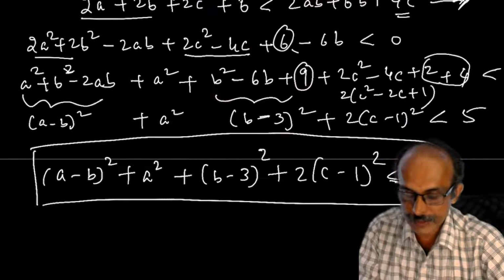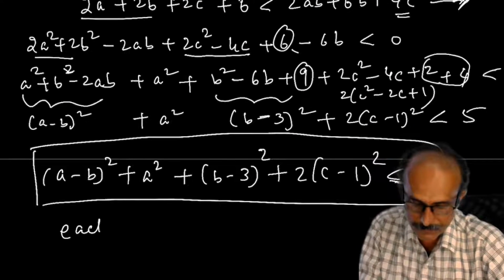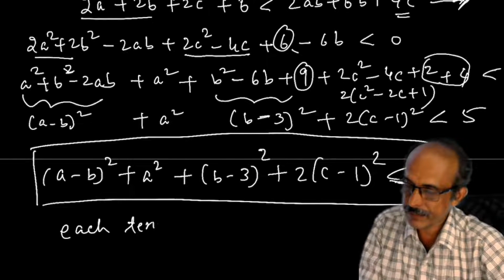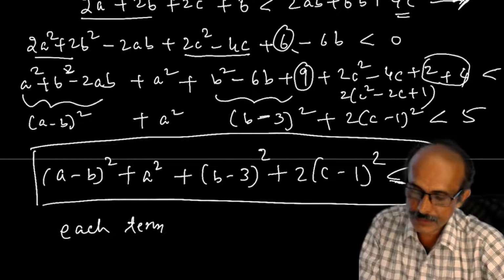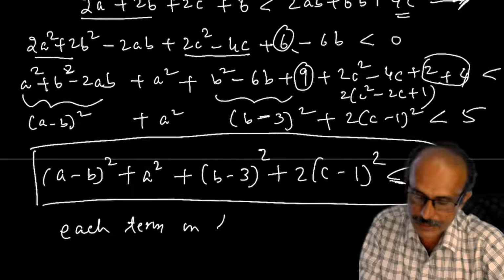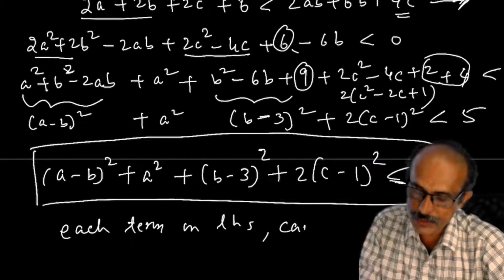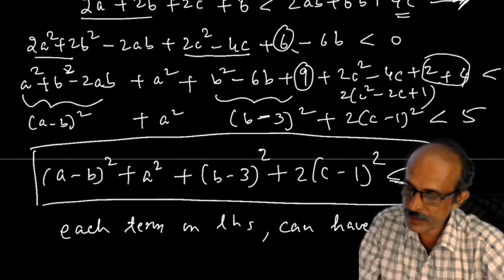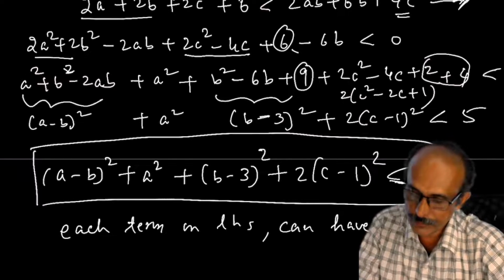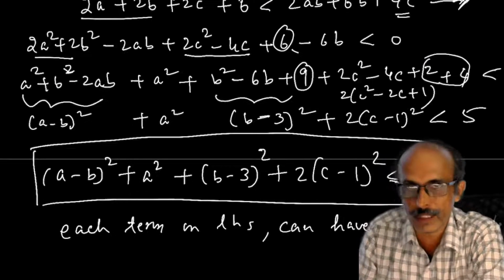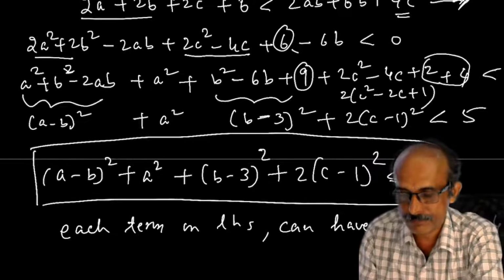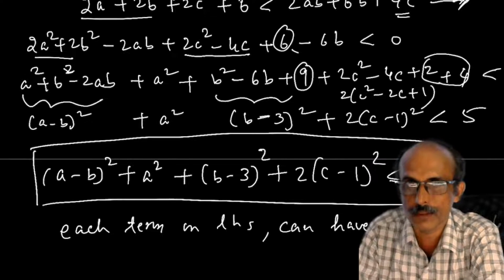Right? So each term on the left hand side, on the LHS, can have values 0, 1 or 4. An important thing to note is that a, b, c are natural numbers. Otherwise this is possible.